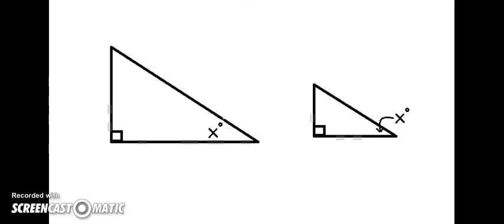But you need to know that the three interior angles of a triangle add up to 180. So you've got 90 plus x plus whatever this is, 180. And on this one, 90 plus x plus whatever this is, 180. So all the angles inside these two are the same, even though the measurements might be a little different.